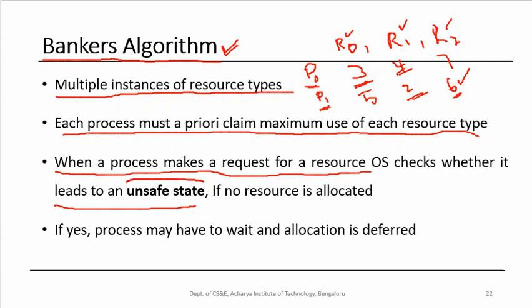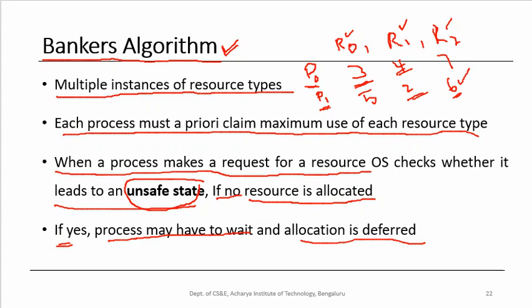That is checked, and if the answer is no, that means if the granting of the resource will not lead to an unsafe state, then we go ahead and allot the resource to the requesting process. If the answer is yes, that means granting the resource takes the system to an unsafe state, then the process may have to wait and allocation is deferred. So this is the Banker's algorithm.